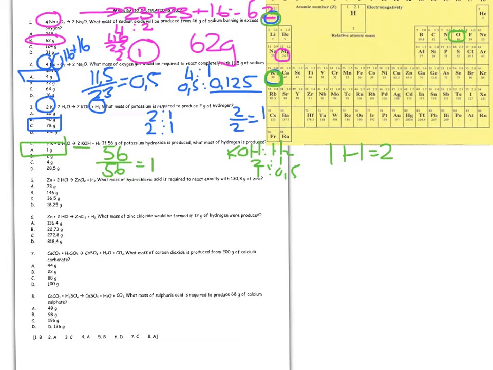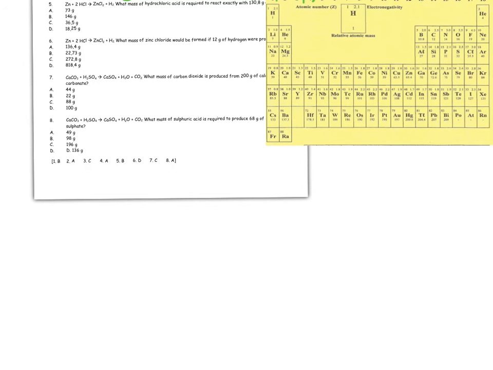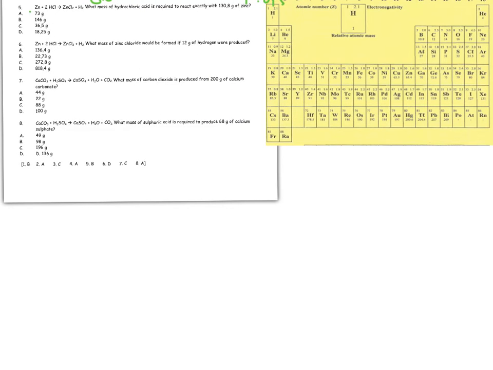Now we've got zinc and zinc chloride. And we find that what mass of hydrochloric acid is required to react with a certain amount of zinc. I've got a 1:2 relationship. I have got 130,8 grams of zinc. I need to look at the number here on the zinc, and it's 65,4.